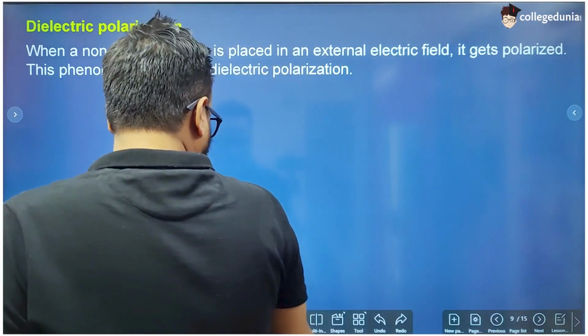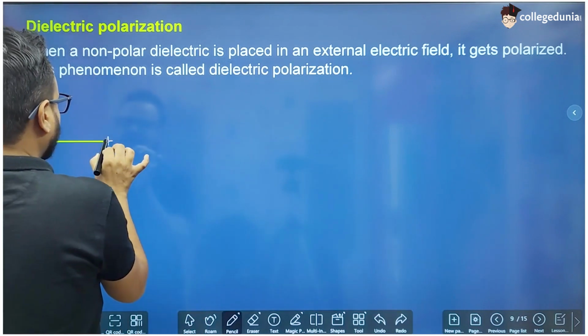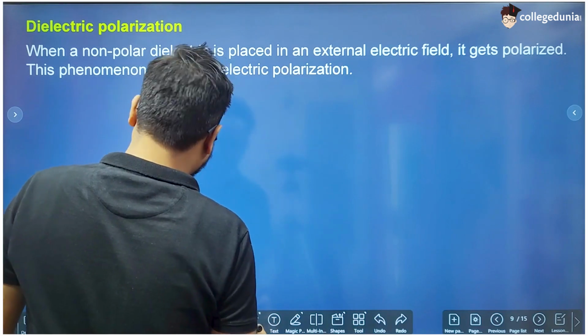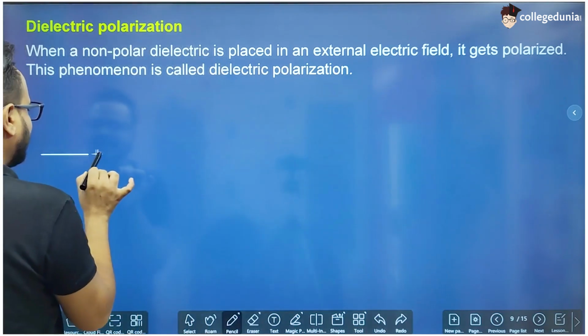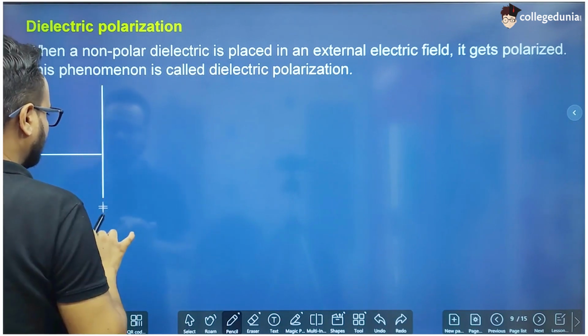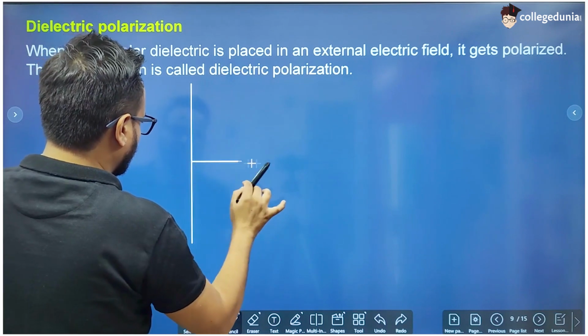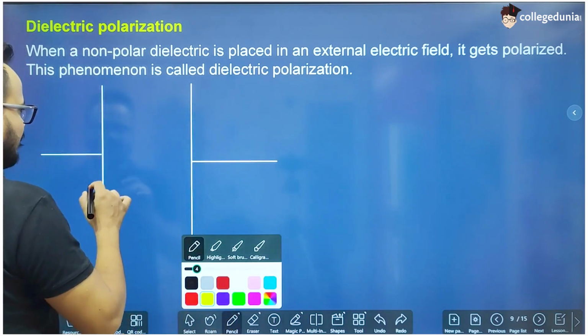Dielectric polarization. What is dielectric polarization? In the beginning, I said that there is a slight difference between a dielectric and an insulator. So what is that difference? We will study a very important process which is called dielectric polarization.